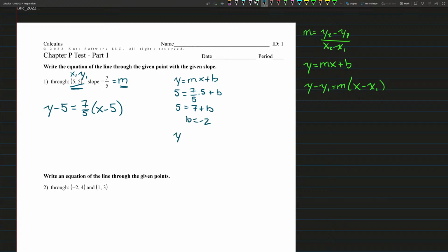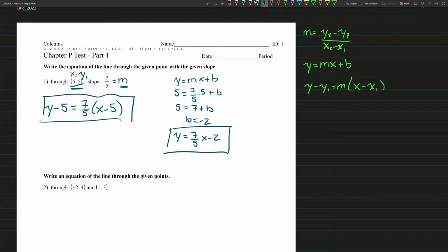And then we have our equation. Either of these will work. It doesn't matter which one, as long as you have an equation of a line. I guess you could use standard form, but no one uses standard form, at least not for a very long time. So point slope and slope intercept form will work.